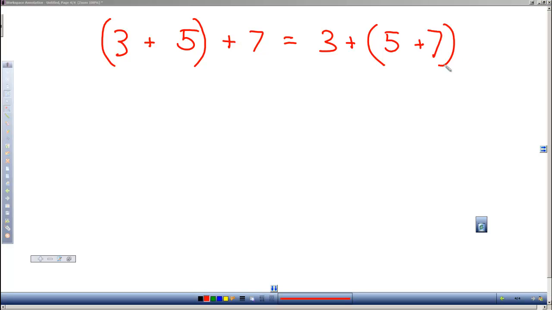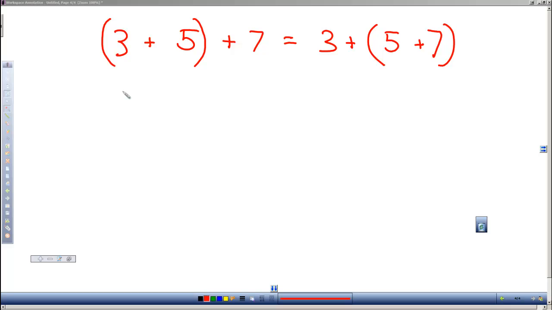As long as the operation is the same, it would be the same. And that would also hold true for multiplication. 3 times 5 in parentheses times 7 would be the same as 3 times 5 times 7 in parentheses.